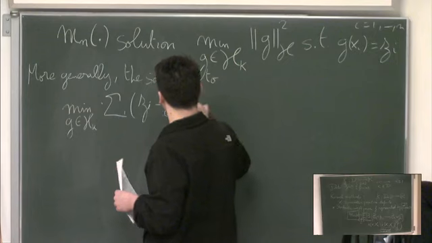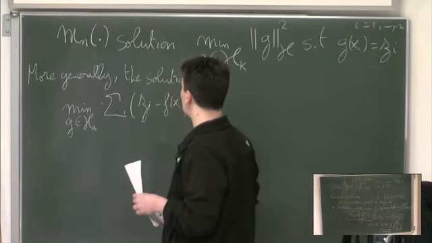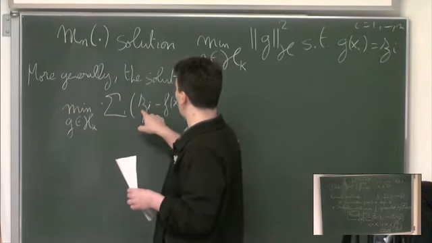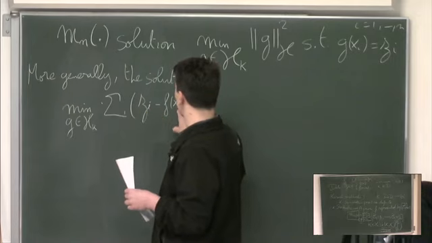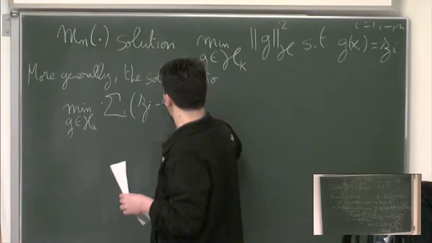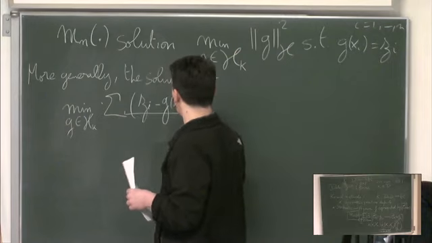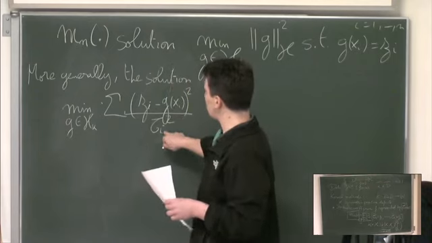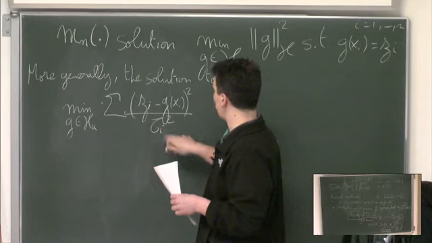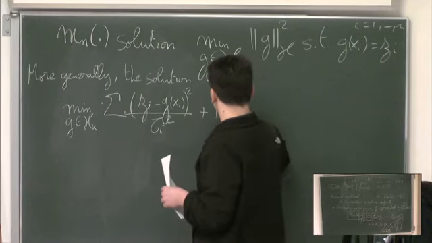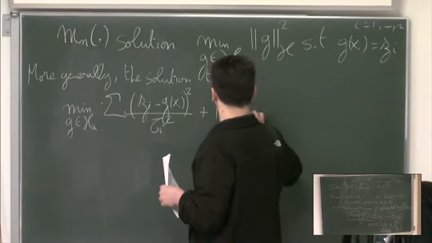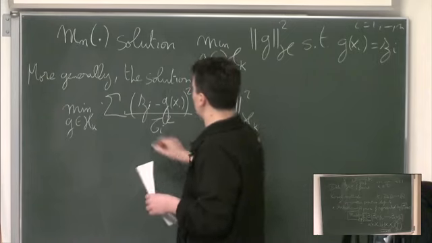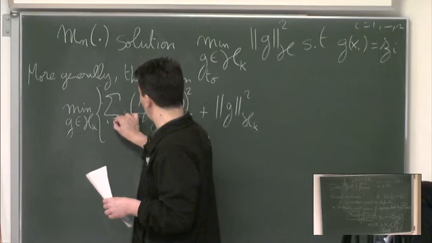So here we will assume that there is noise, and we will take the sum of squares of the noisy observations minus the candidate function at the point xi, and we will normalize this by some tau i squared. So here I will introduce some regularization that depends on the point, plus the norm of g in the RKHS squared.